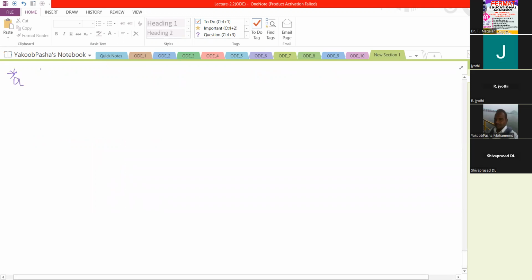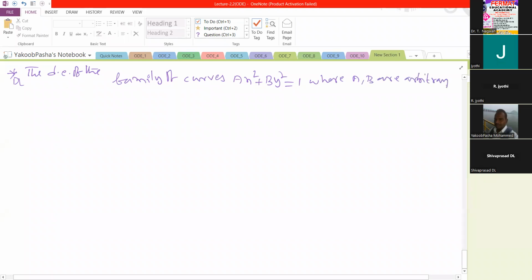The differential equation of the family of curves ax square plus by square is equal to 1, where a, b are arbitrary constants.